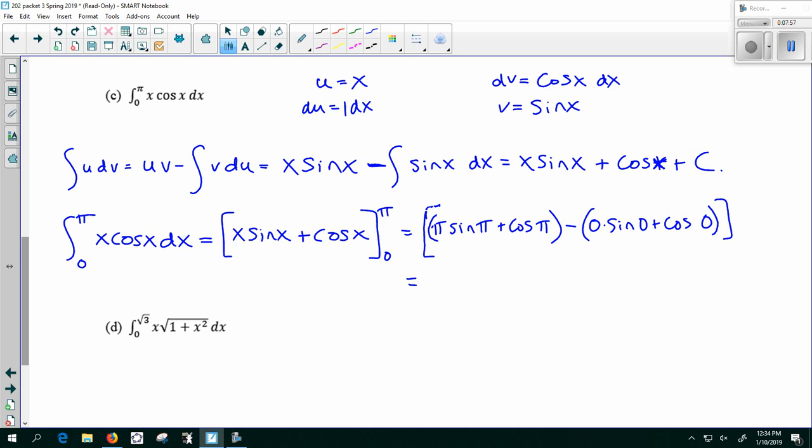So let's see, I'm just going to do some of that here. The cosine of pi is negative 1. And then 0 times the sine of 0, that's 0 times 0. Cosine of 0 is 1.